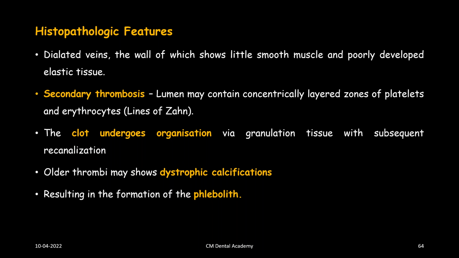Older thrombi may show dystrophic calcification, that is the calcification which occurs in dead or degenerated tissue. There will be deposition of calcium resulting in the formation of the phlebolith. Phleboliths are nothing but small blood clots in the vein that undergo calcification.